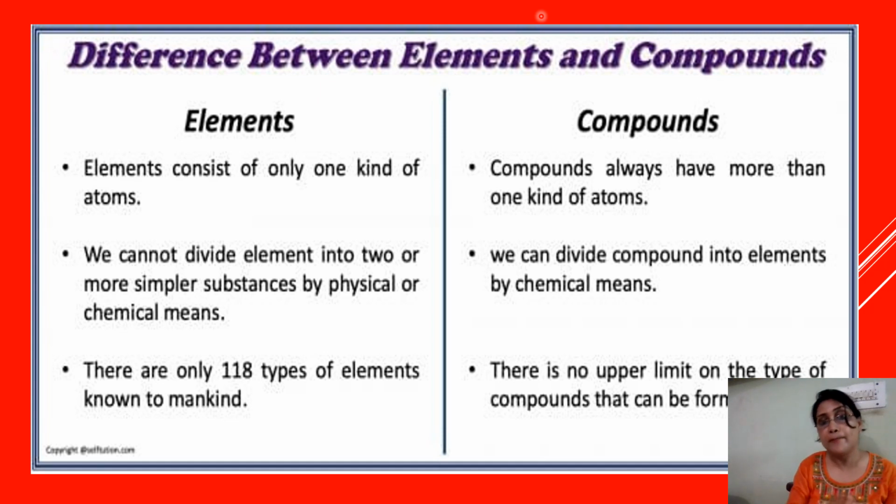A compound too is pure, but it can be separated into its elemental form, like H2SO4 can be separated into hydrogen, sulfur and oxygen. Elements are only 118 in the periodic table, whereas there is an unlimited number of compounds which can be formed by chemical reactions.